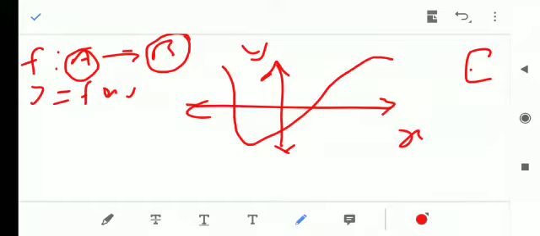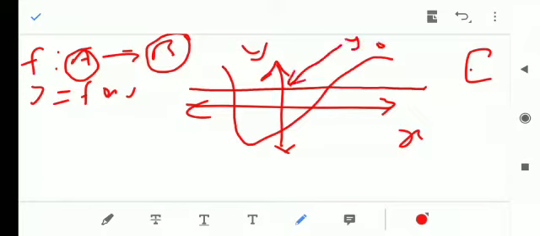Let us see, suppose we draw a line parallel to the x-axis in this graph. Then you can see that at a particular value of y, suppose it is y0, we are getting two values of x. The first value is x1 and the second value is x2.